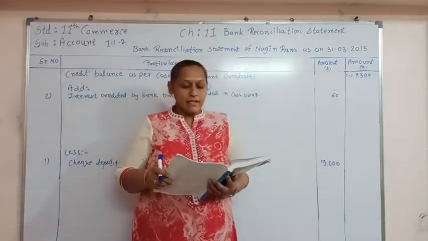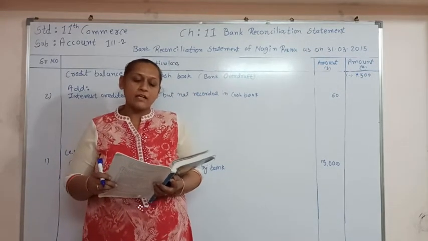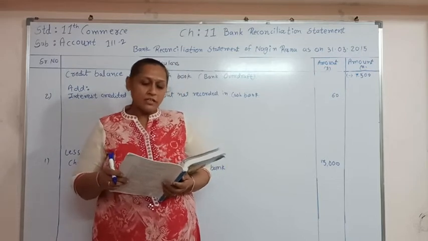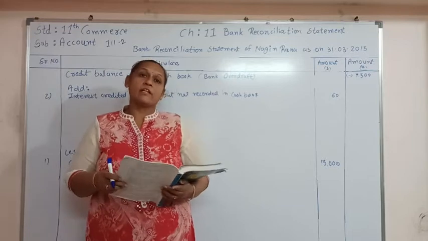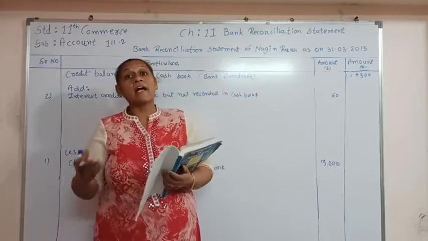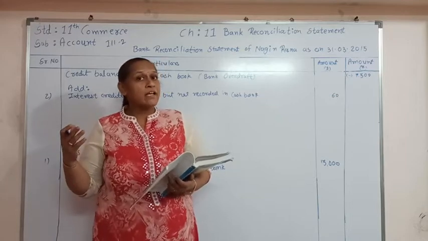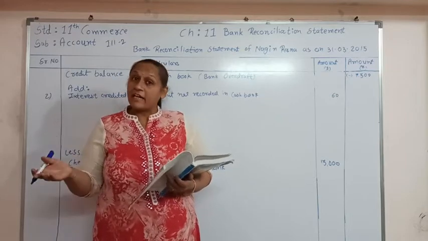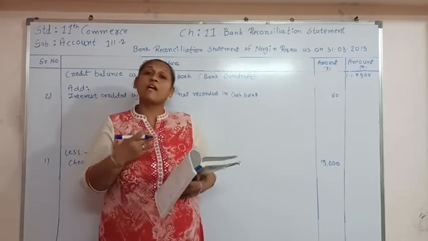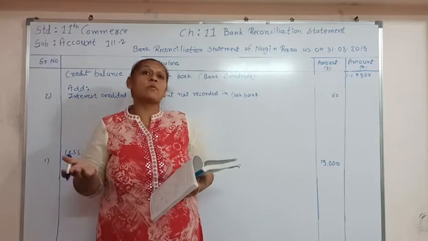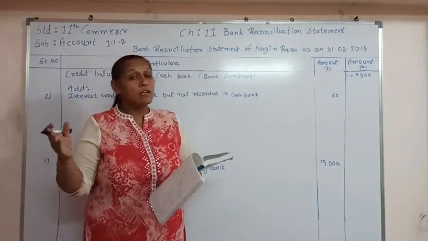Now let's see the third transaction. Rupees 18,000 was deposited in the bank account directly by a customer. The information was not received up to 31st March 2015. So the customer has directly deposited money in the bank account. So the bank has already credited the amount, and it remains to be recorded in the cash book. So we are going to record it in the cash book so that the balance of cash book and passbook will be the same. So do what the other side has done.